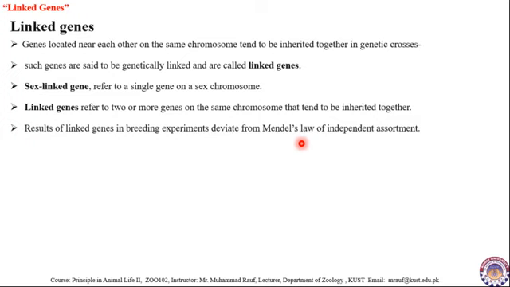But here linked genes violate this law. Linked genes are an exception. They cannot segregate independently because they are located too close to each other to be separated by a crossover event. So linked genes or gene linkage is a violation of Mendelian genetics.